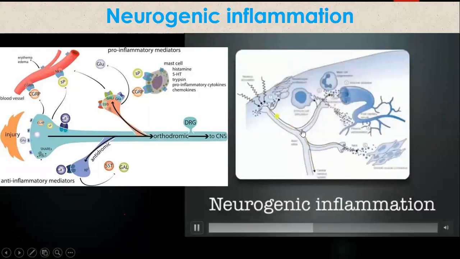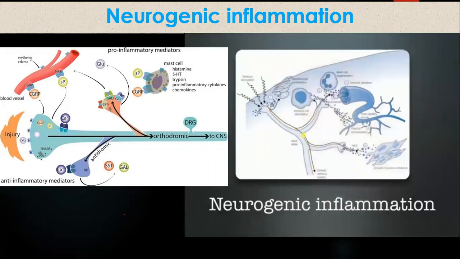But what happens sometimes is that they go for an antidromic pathway, to the site at which the injury has occurred or the site at which the cells are present, and they will release the calcitonin gene related peptide and substance P at the vasculature only.